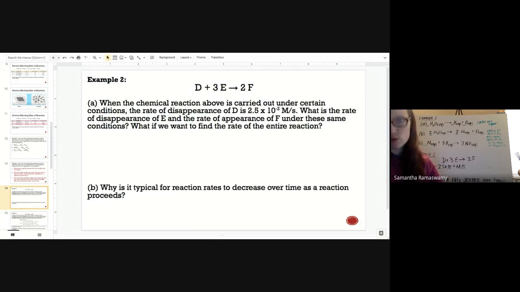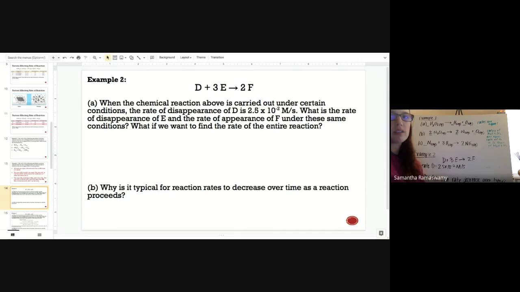Sometimes we see it in moles per second. What is the rate of disappearance of E and the rate of appearance of F under these same conditions? What if we want to find the entire rate of reaction? And then we'll look at part B.